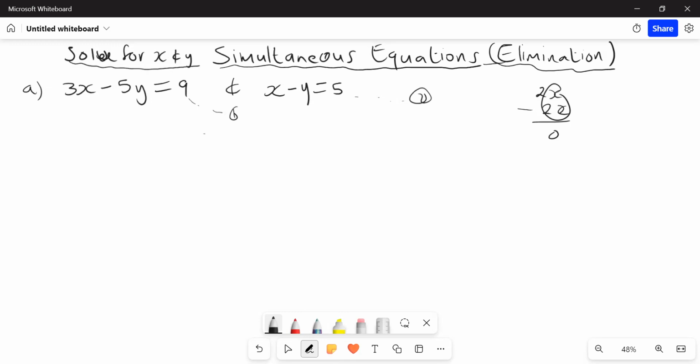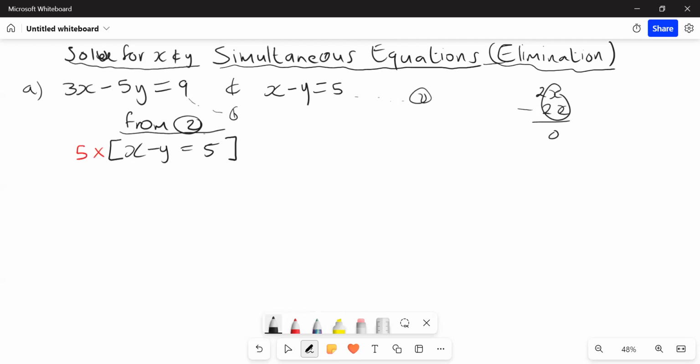So let's take equation 2, that's x minus y equals to 5. Let's create 5y. So for us to create 5y, we need to multiply everything by what? By 5, right?